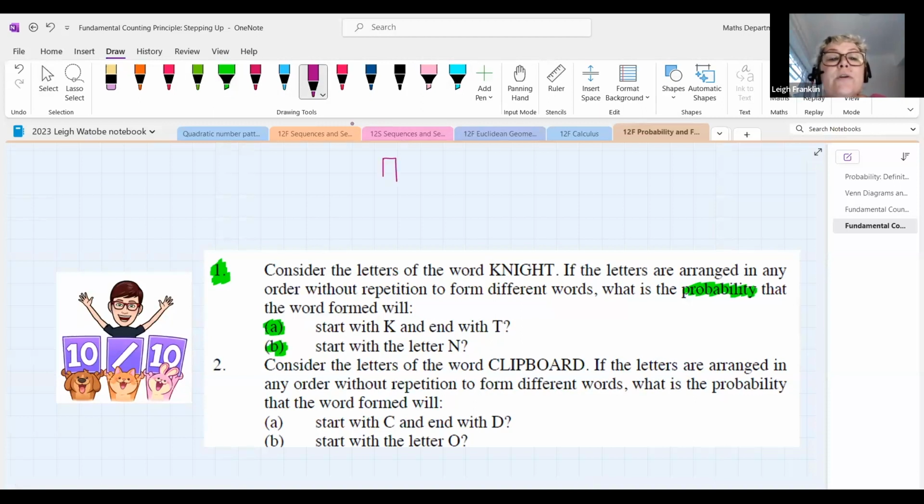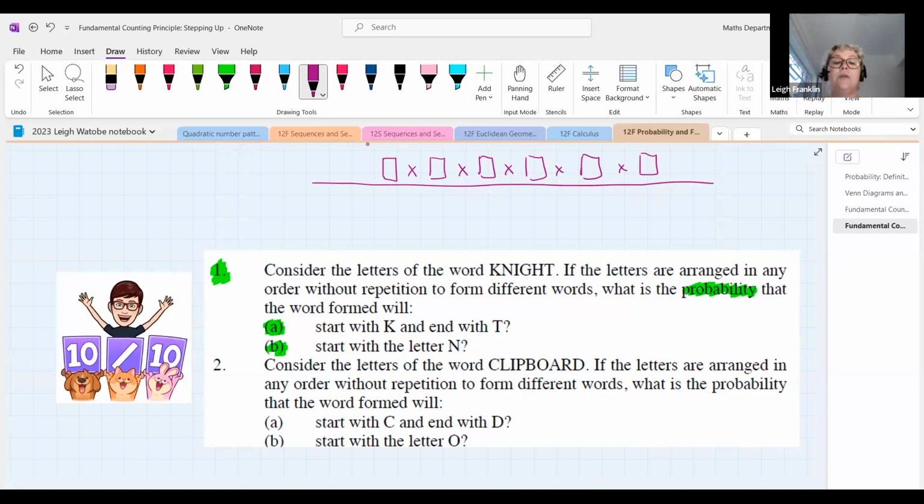So we've got 6 blocks to fill. 1, 2, 3, 4, 5, 6. Over the total number of ways in which these letters can be arranged with each other. But we'll talk about that now.